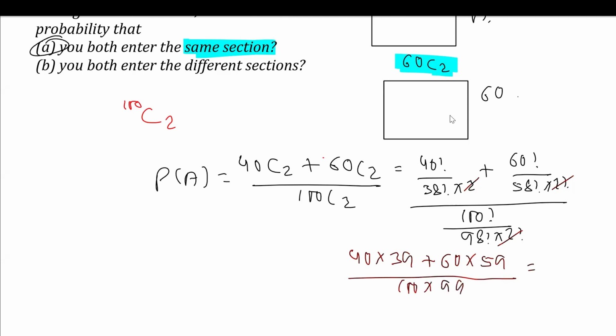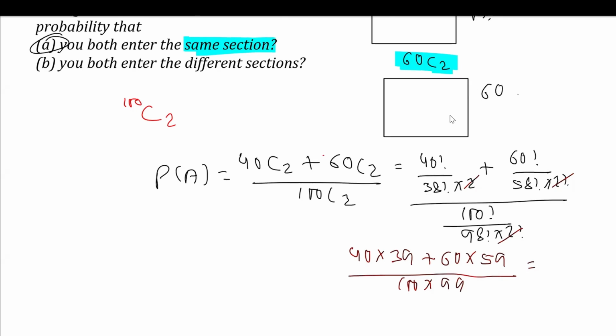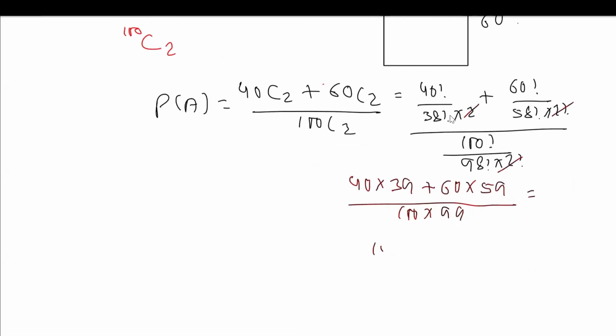Well, this is something we have to calculate. We could take 39 common, but I think it's better to multiply. So we simply multiply 39 into 40, that comes out to be 1560. Similarly, if I multiply 59 with 60, it gives 3540.